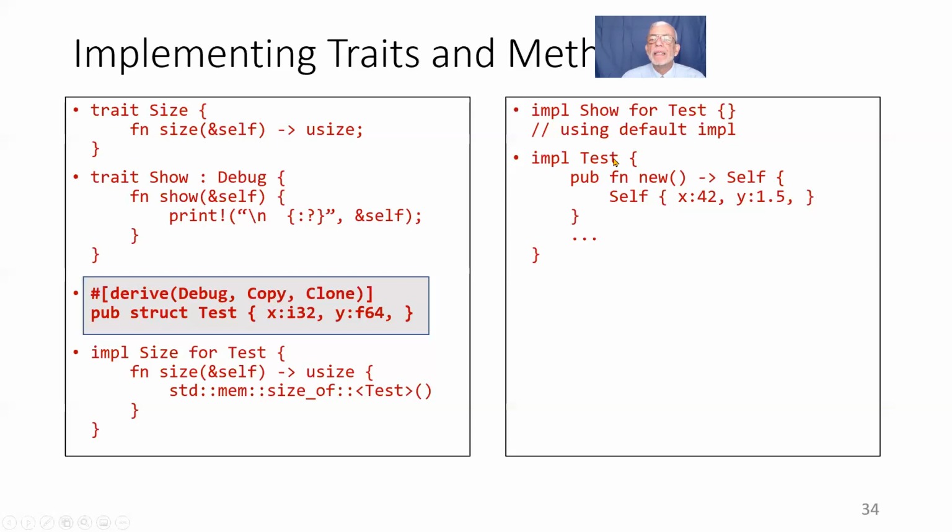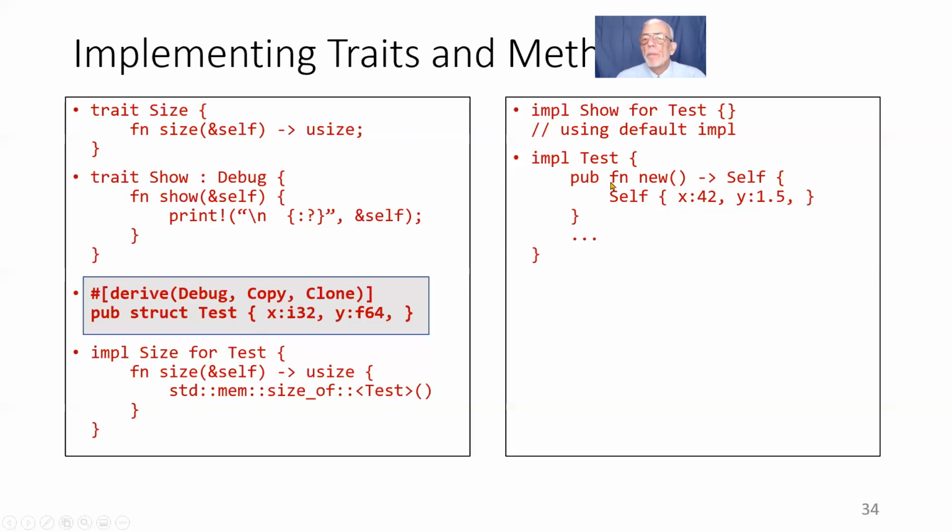Now I can implement Test. So I implemented traits for Test. Now I can go along and implement ordinary methods for Test. And so I want a construction process for Test. So I'll implement Test. All the methods that I want to implement for Test can go in this block. They don't have to. I can have multiple implementation blocks, but normally we probably implement them all in one block.